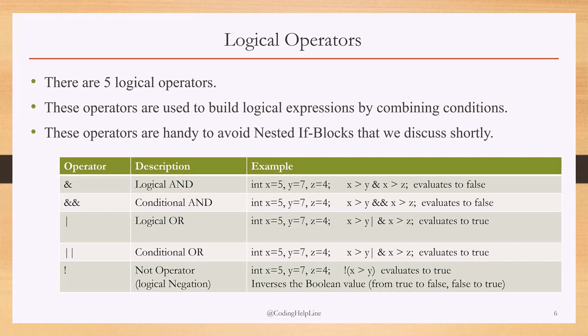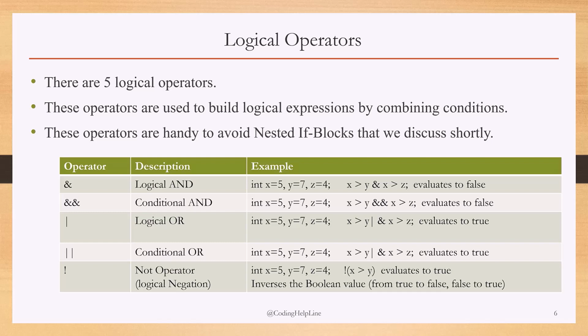So the logical AND operator and the conditional AND operator, their result is the same, but their processing is different. For example, logical AND combines two conditions. We are comparing x is greater than y and x is greater than z. Conditional AND does the same thing, but there is a fundamental difference between logical AND and conditional AND operator.